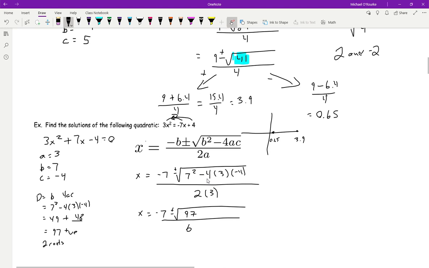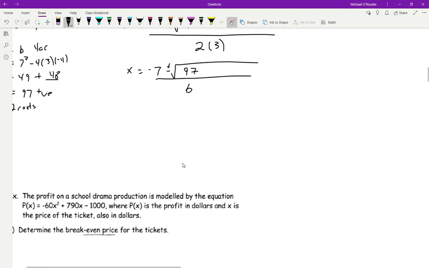What do I do with it at this point? Do I keep going on one line of answers, or am I going to split my answers up? Split it up. Good. Because then you do the positive and negative.